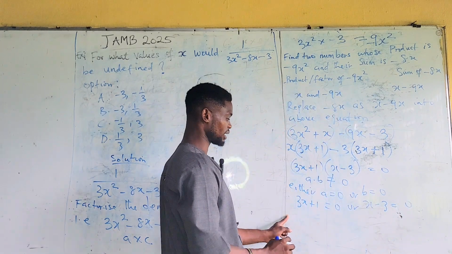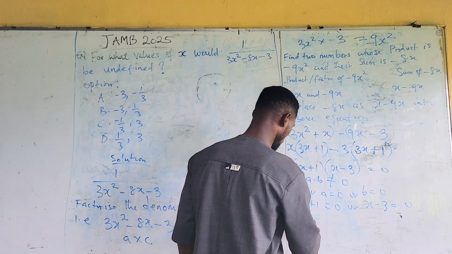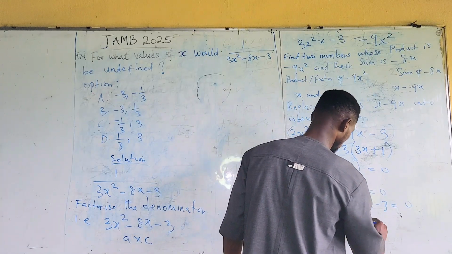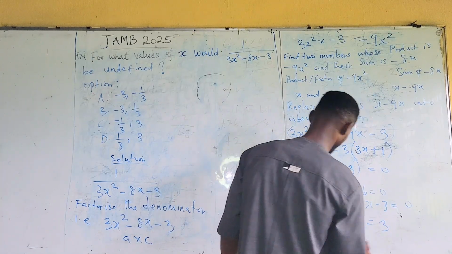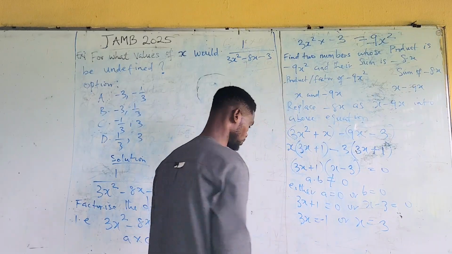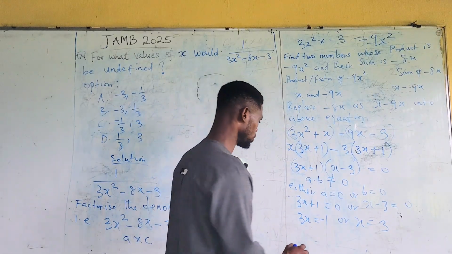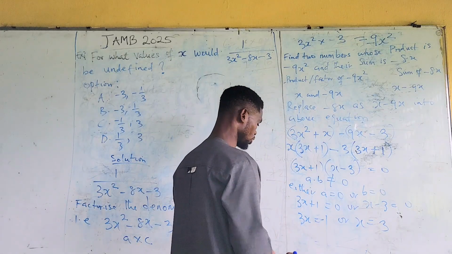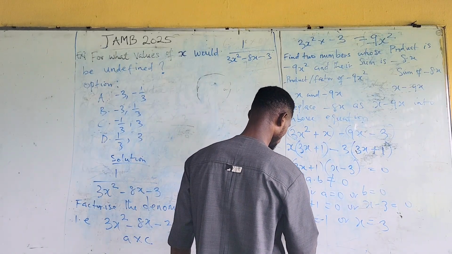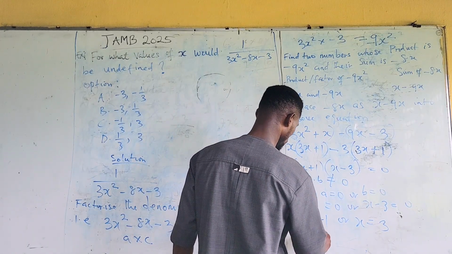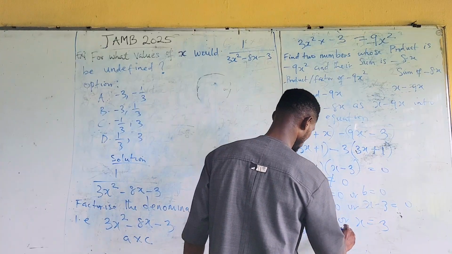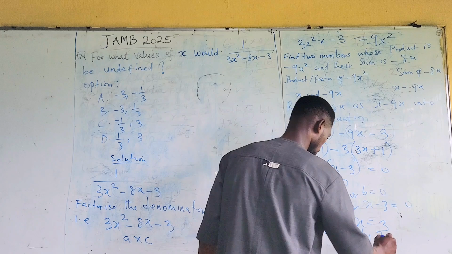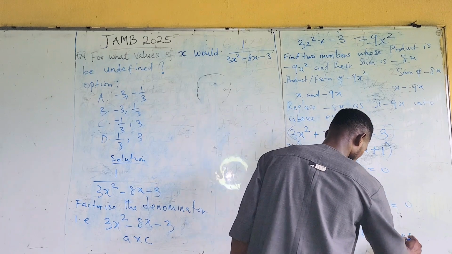Collecting like terms, 3x is equal to minus 1, or x is equal to 3. So what do we do? We divide both sides by the coefficient of x. That is for your left hand side, divide both sides by 3.